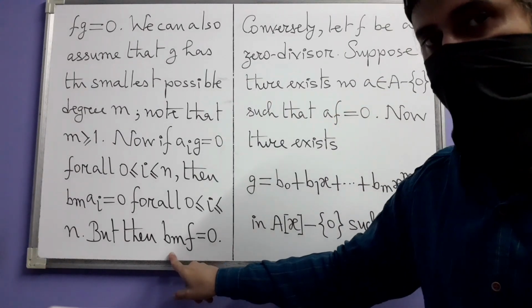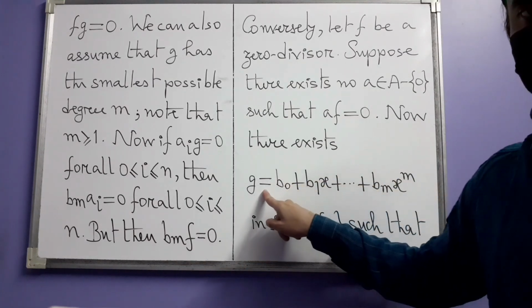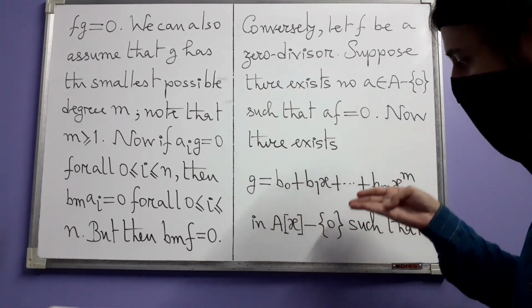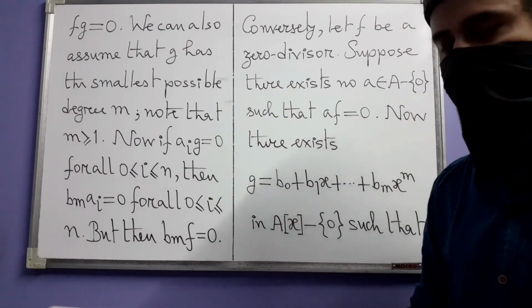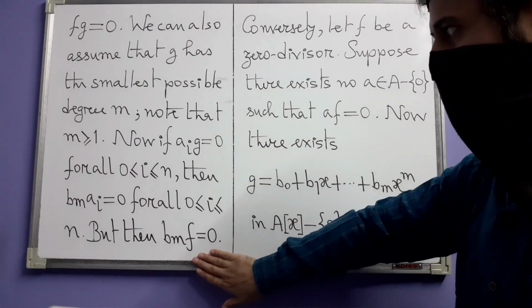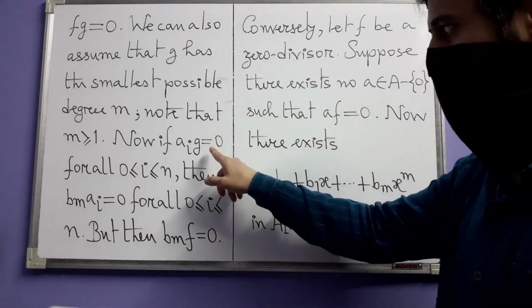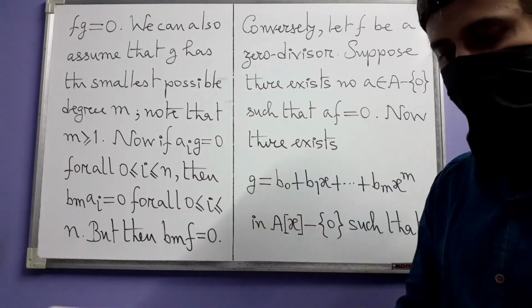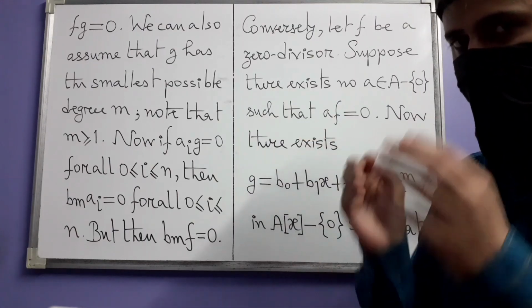Is bm non-zero? Yes, because bm is the leading coefficient of g, and g is by our choice non-zero. So that means this cannot happen, so that is why this also cannot happen. We cannot multiply g by all the coefficients of f and all of them will be 0.